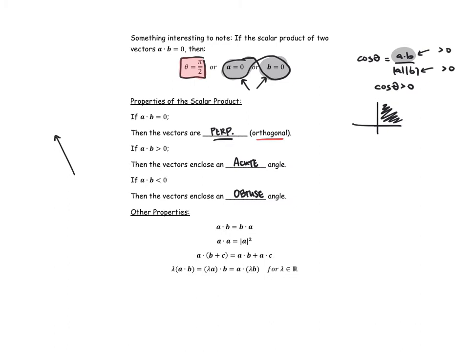Now, angle between vectors, this is important. Okay, here's the angle between the two vectors in this case. Okay, what if I have two vectors that look like this? What I have to do is translate one to the other, right? So I have to go tail to tail. So I could take this vector here, shift it down here, and then I get this angle right here.